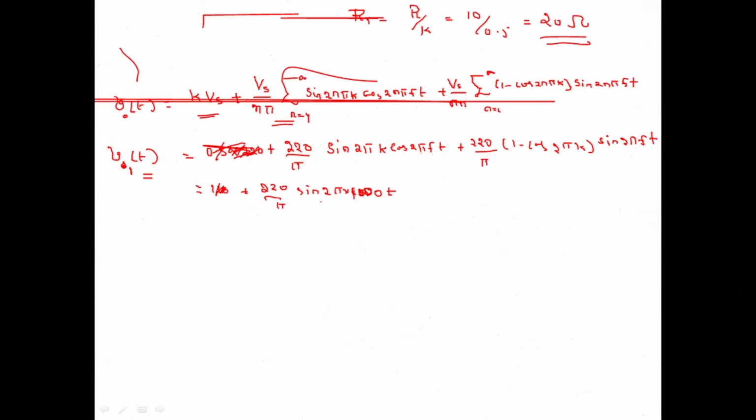Okay, so it is 220 by 2 sin 2 pi f, f is 1000, this part t.